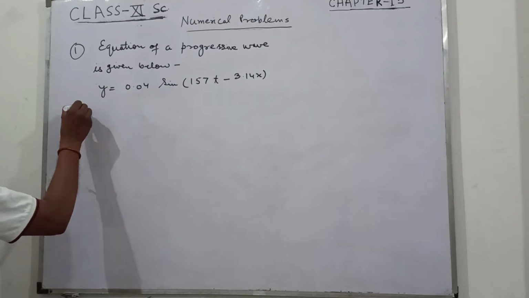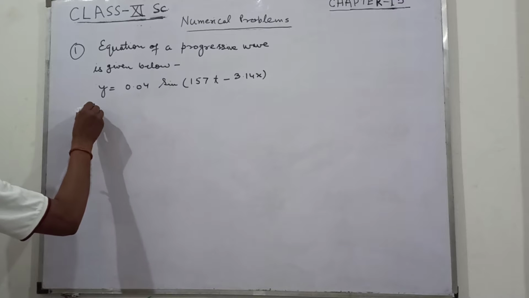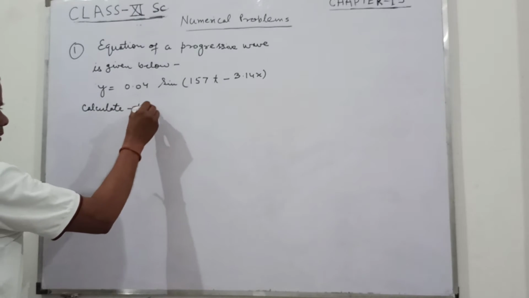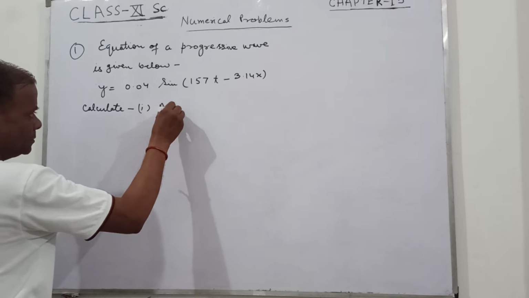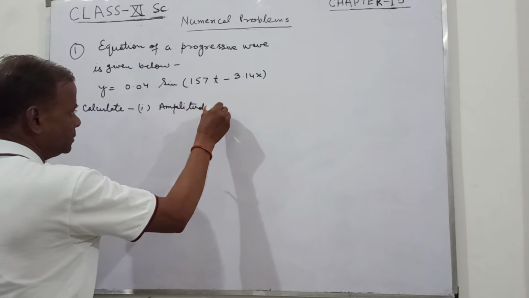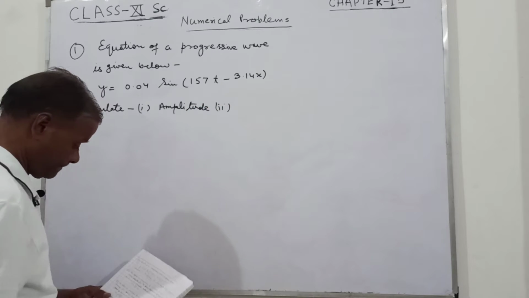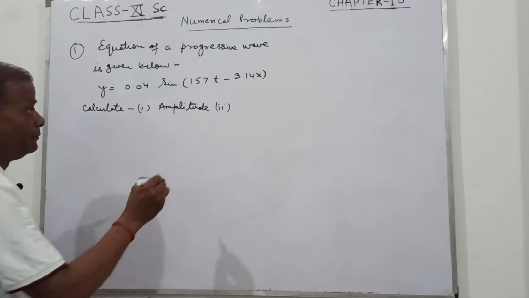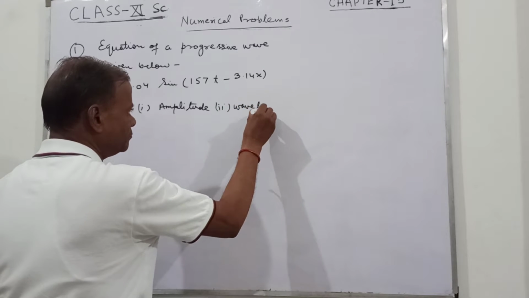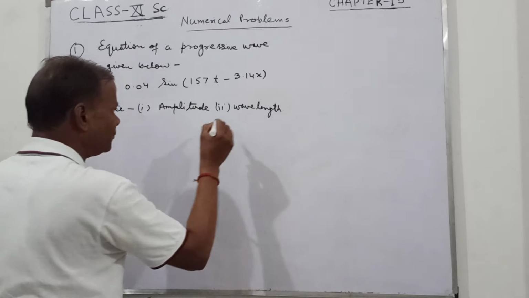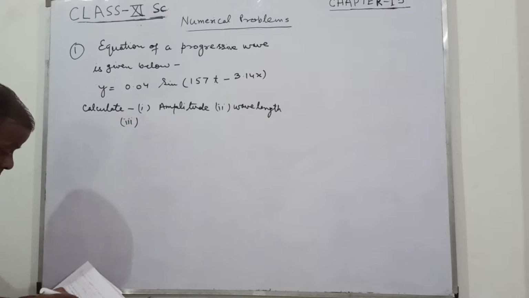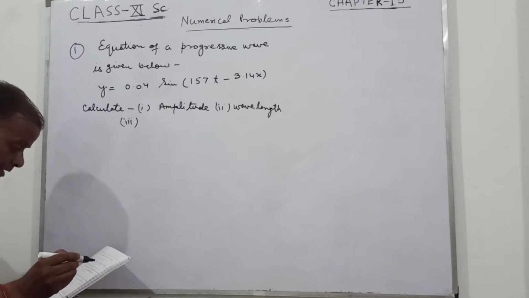Calculate number 1, amplitude; number 2, wavelength; and number 3, the frequency.